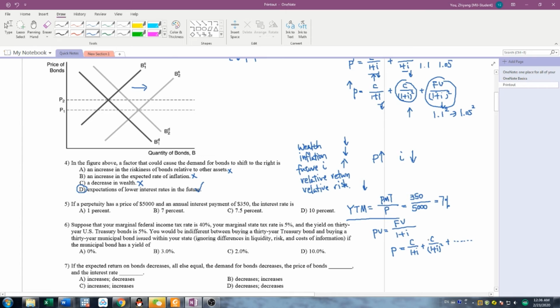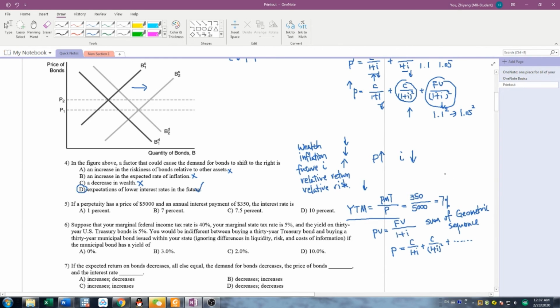And if you know a little bit more math, you know this is nothing but a summation of a geometric progression, or geometric sequence. Okay. A geometric sequence looks like this.